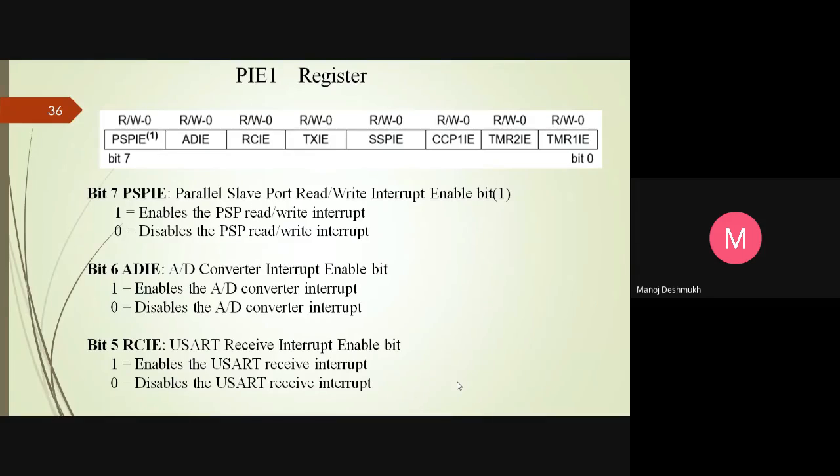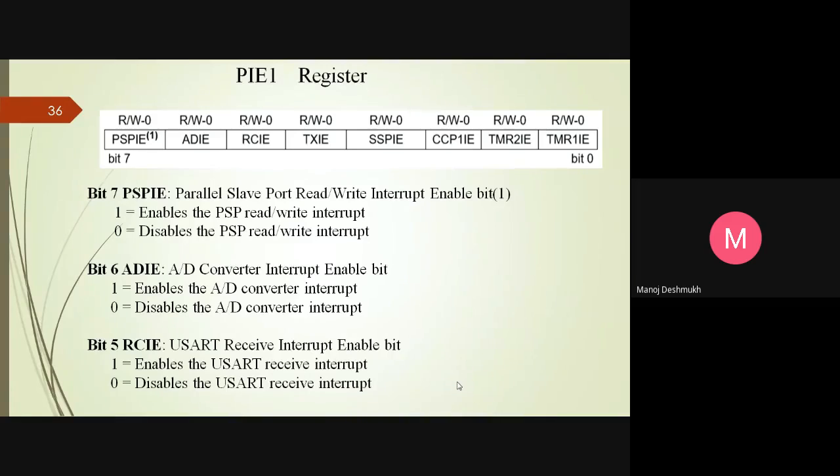Here the specific peripheral interrupts, as we see in the first register, are PSP, AD, RC, TX, SSP, CCP1, TMR2 and TMR1. These are the peripherals associated with the PIC16F, and they have the facility to enable or disable interrupts.